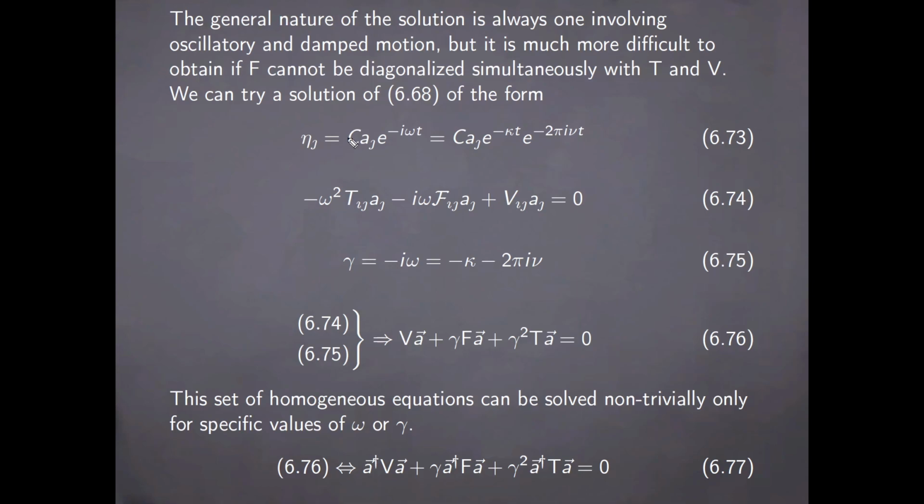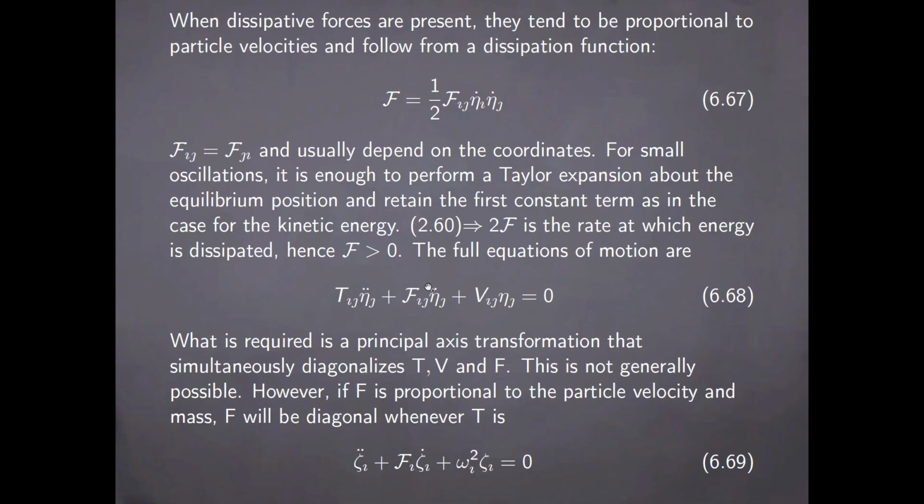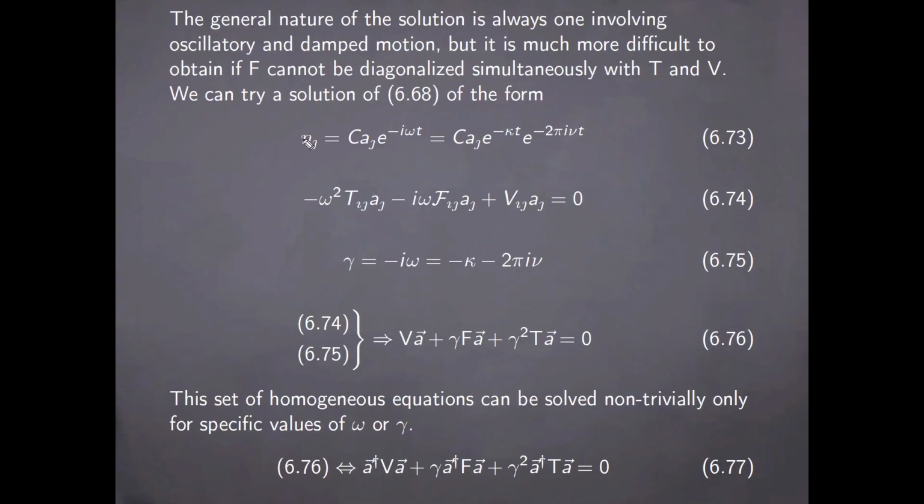We can write eta_j as an oscillation of some unknown frequency omega, which we decompose into a real part, nu, and an imaginary part, kappa. And introducing this into those equations and solving, we get to the following characteristic equations.